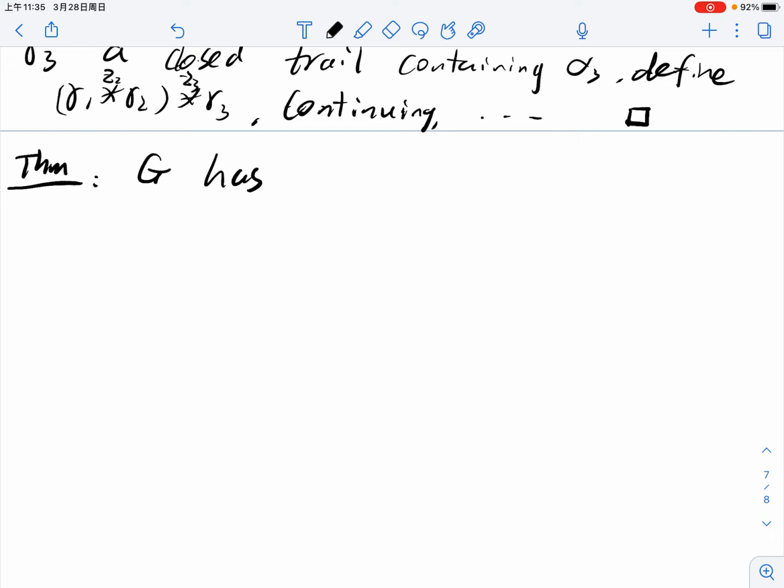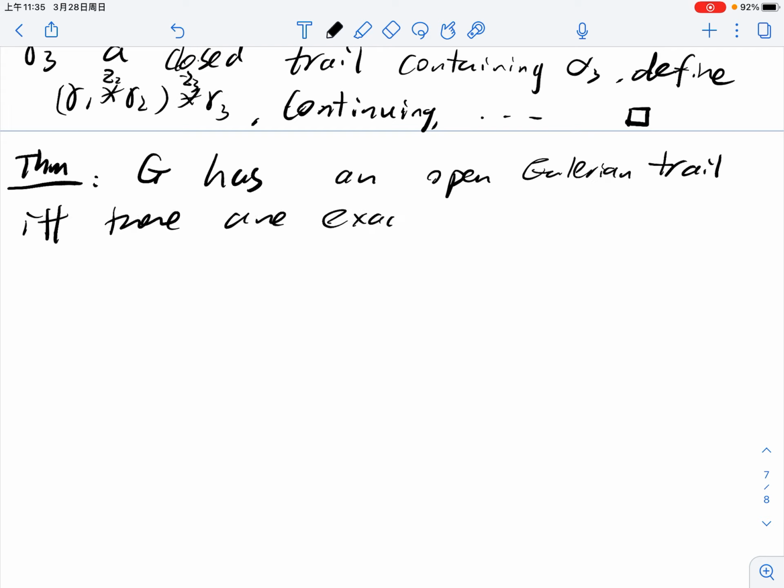So, theorem. Let's say G has an open Eulerian trail if and only if there are exactly two vertices U and V of odd degree.